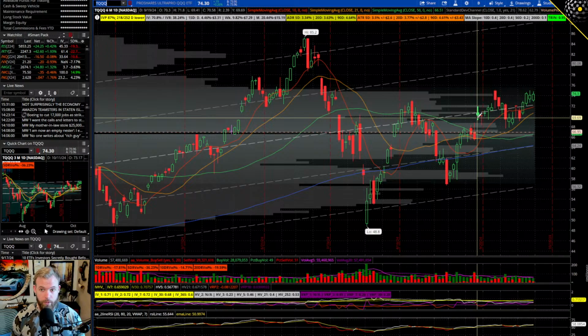The other thing to keep in mind that's a benefit to using something like a covered strangle in a futures-based product is Section 1256 of the tax code. You're not going to get Section 1256 from any of this stuff. So that is, depending on how much you make, an important factor.